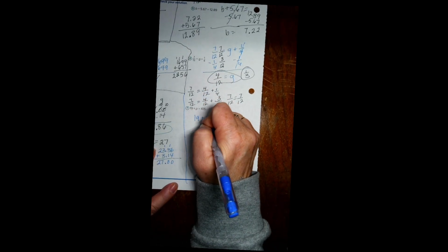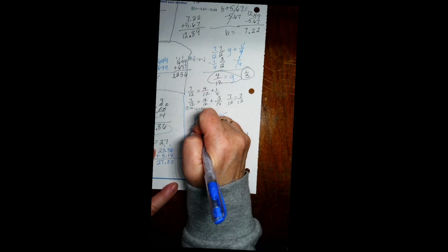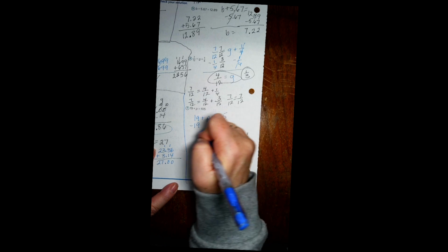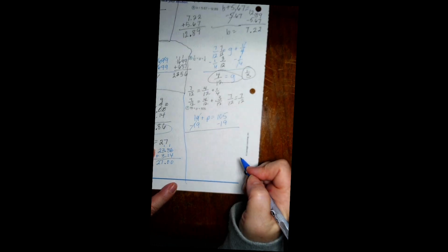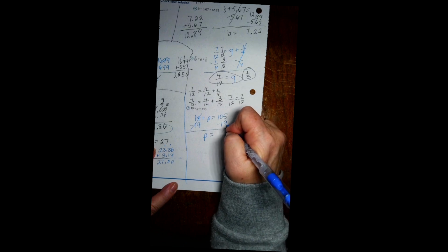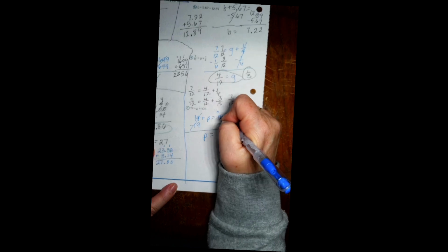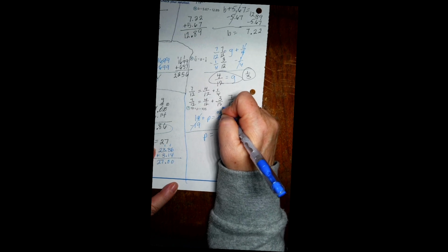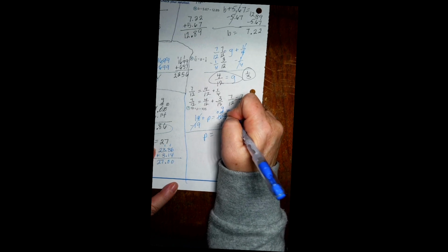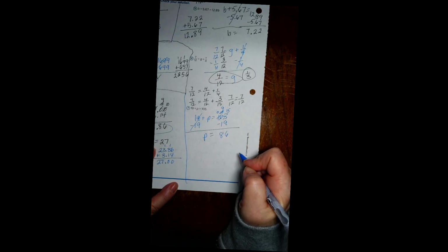19 plus p equals 105. So we're going to subtract 19 from both sides. That cancels out. We have p equals, can't do 5 minus 9. Can't come over here, so that's a 0. That's the 10. Now 9 and 15. 15 minus 9 is 6. 9 minus 1 is 8.